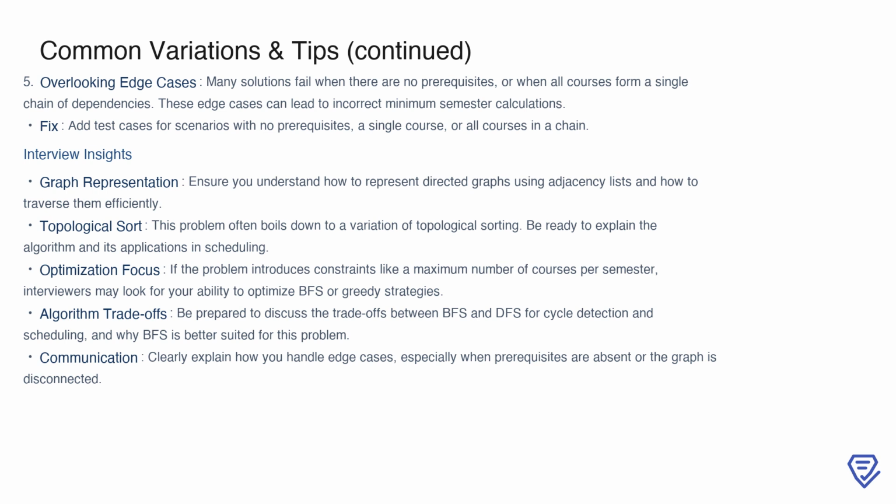Interviewers may expect you to leverage BFS or greedy algorithms effectively. Additionally, you should be prepared to discuss the trade-offs between BFS and DFS, particularly why BFS is often better suited for this specific problem. Lastly, clear communication about how you handle edge cases, such as disconnected graphs or missing prerequisites, is critical to demonstrating your problem-solving skills.